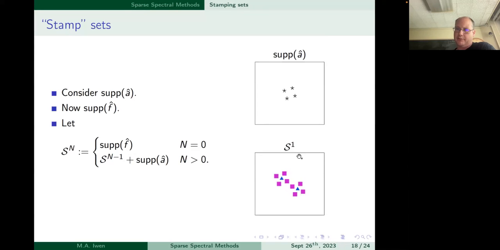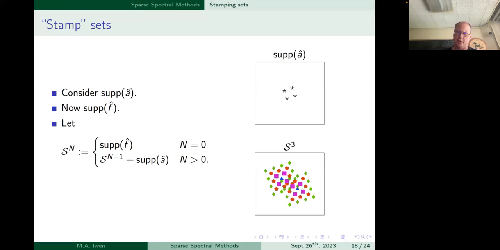Our 1st level stamping set is going to be to toss in the support of our diffusion coefficient centered on each one of these forcing function frequencies. And then we'll just keep adding this stencil in around each one of these points as we increase n, which is our stamping set level.